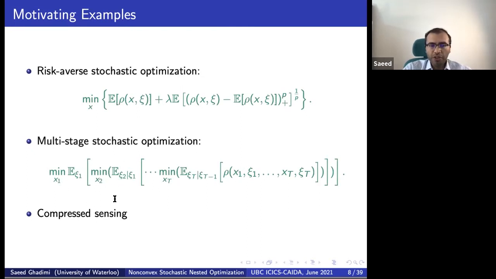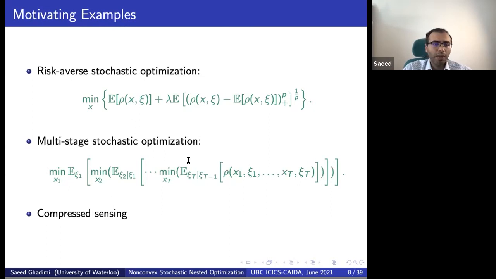So for each stage, it just depends on the previous. So we have just the conditional expectation of psi 2 given psi 1, and psi t given psi t minus 1. So we can consider each of these inner minimization problems as an inner function. And then we have a nested structure for two or more functions.